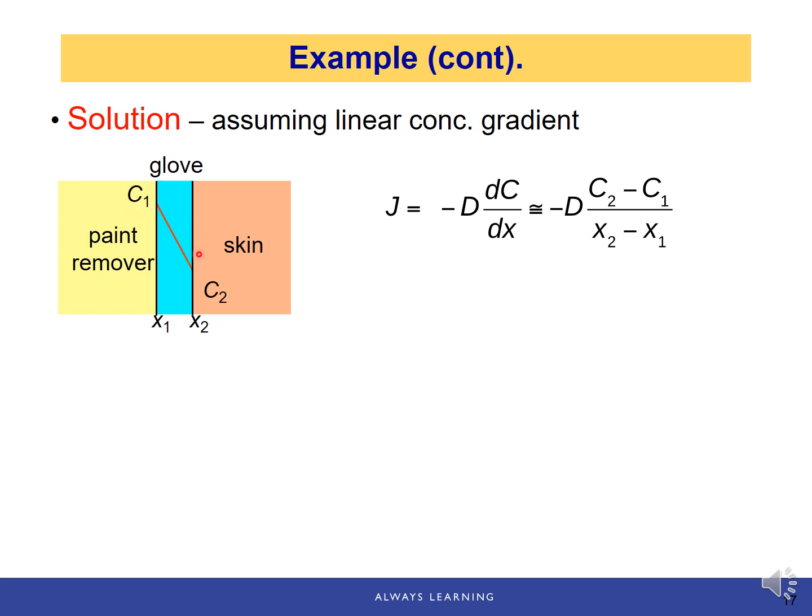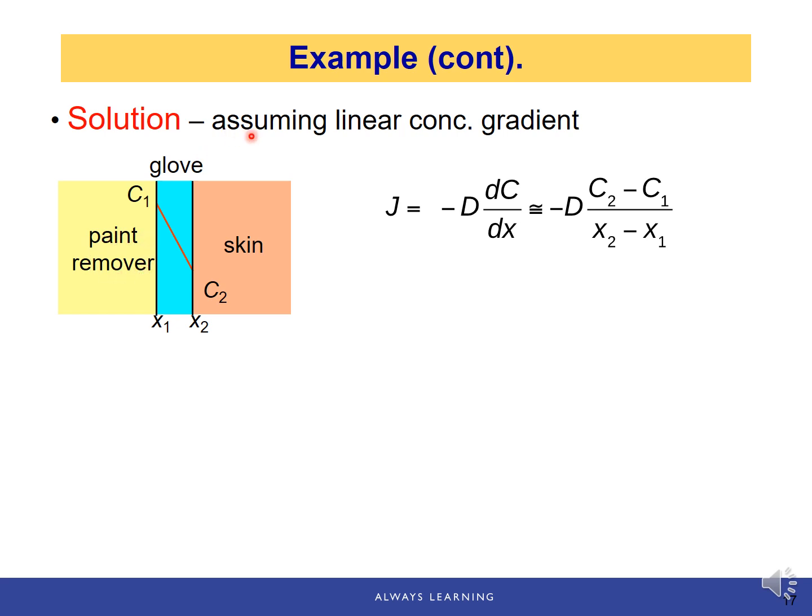So C1 and C2 are constant, and the difference between the positions is the thickness of the glove. Here, this surface is outside the glove, and then here is inside the glove, contacting with the skin, and outside the glove is contacting with the paint remover.